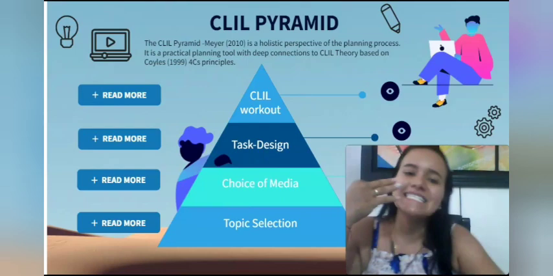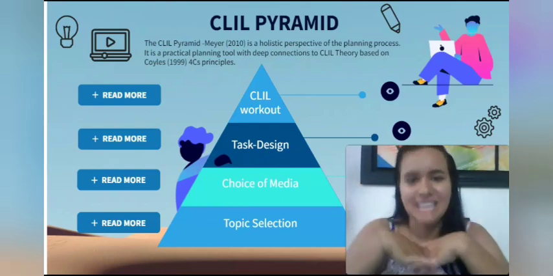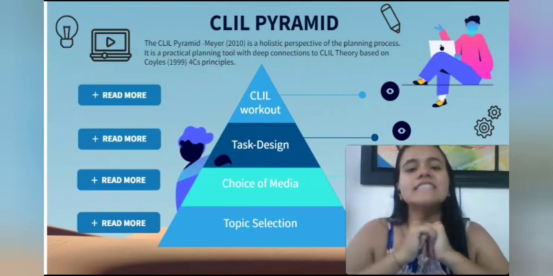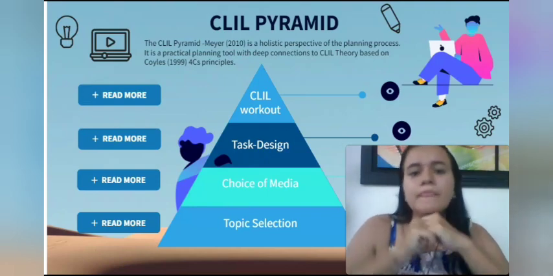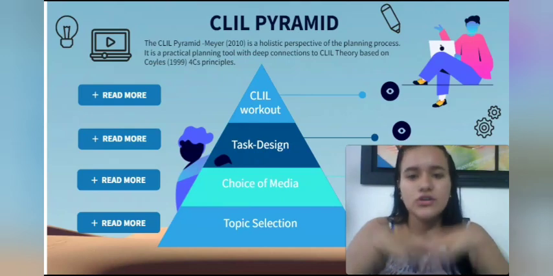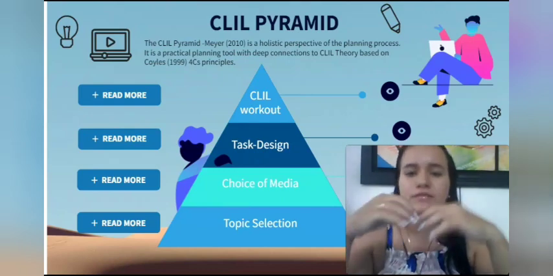The stage number 3, task design. In the third phase, the importance of the optimal implementation of the strategies is very evident, which allows the interaction of the learners with the content in an optimal way.